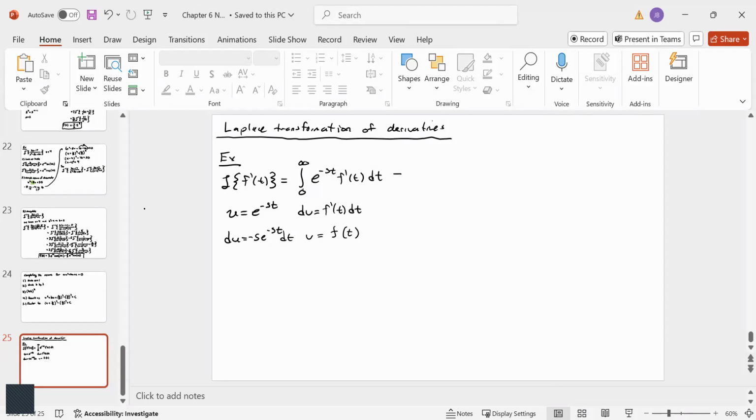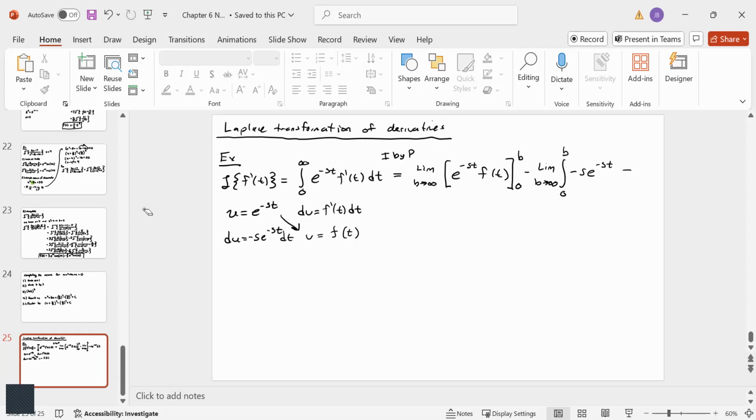And so if we actually did integration by parts, we would get the limit as b approaches infinity of e to the negative st times f of t, so u times v, evaluated from 0 to b, minus the limit as b approaches infinity of the integral from 0 to b of negative s e to the negative st f of t dt.